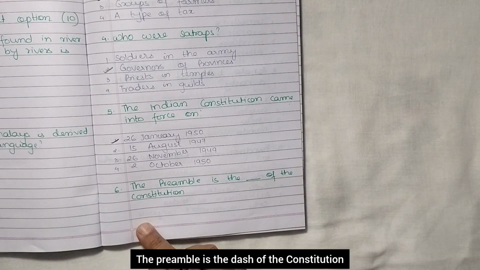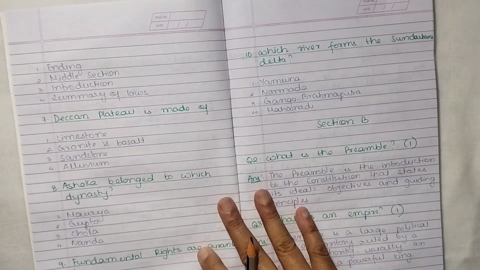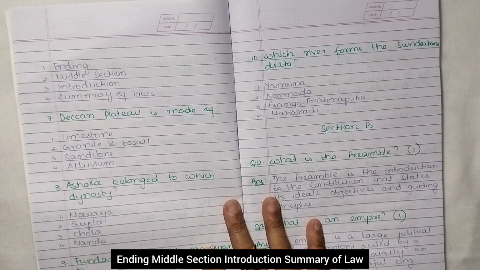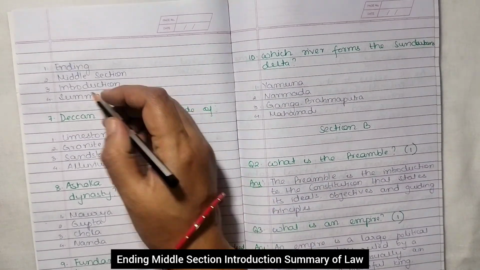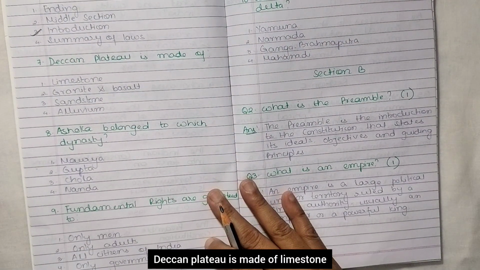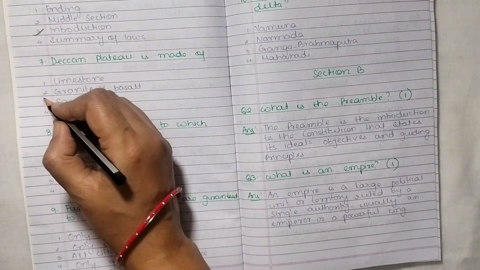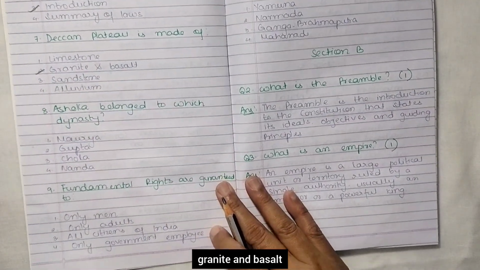The preamble is the dash of the Constitution. Ending, middle section, introduction, summary of law. Introduction. Deccan Plateau is made of limestone, granite and basalt, sandstone, alluvium. Granite and basalt.